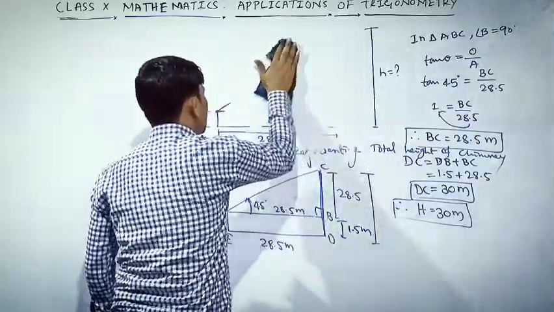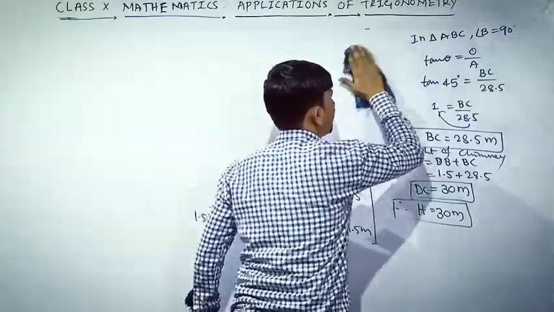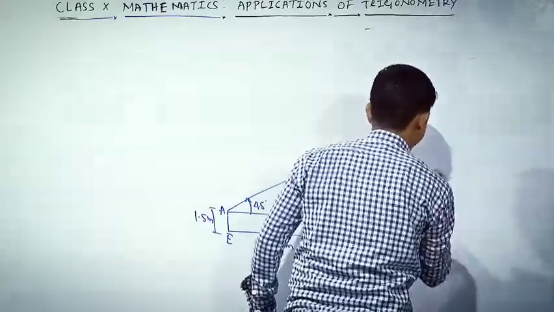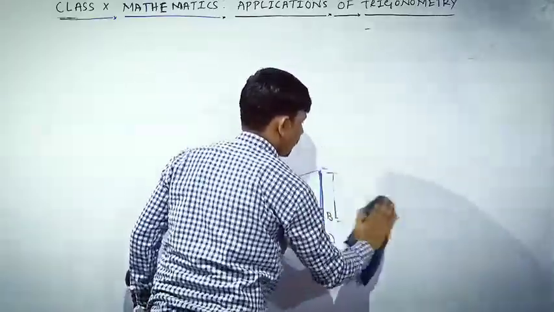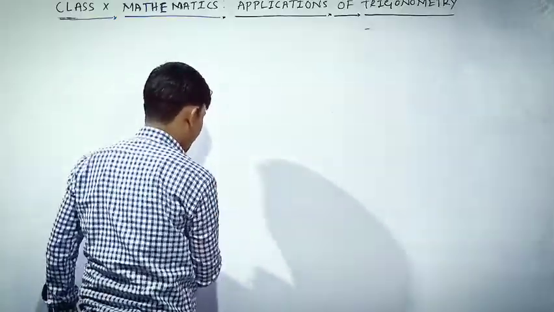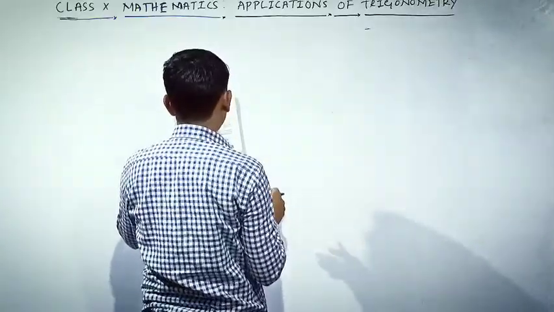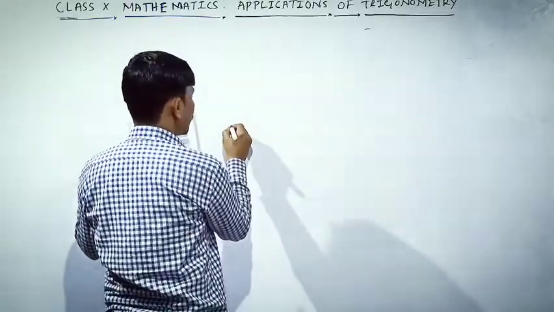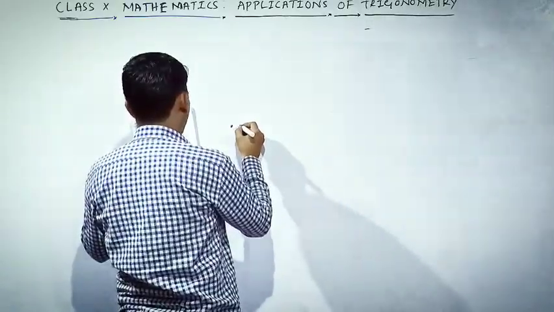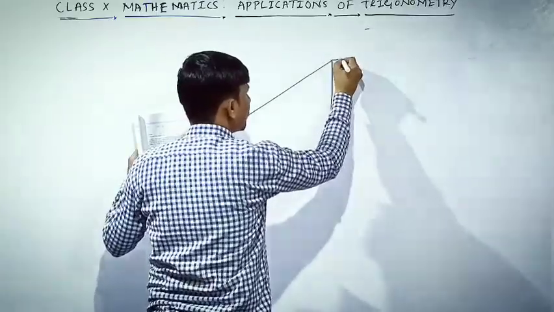From a point on the ground P, the angle of elevation of the 10 meter tall building.